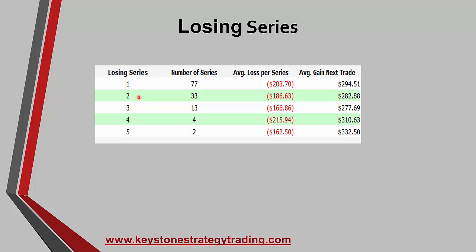As you go through this, you can see that you had a losing series of 33 times, and the average loss was 186.63, and so on. Whereas the last one is 5. You had a losing series of 5, and that happened twice, and the average loss was 162.50 before the next trade was a winner, which was 332.50.